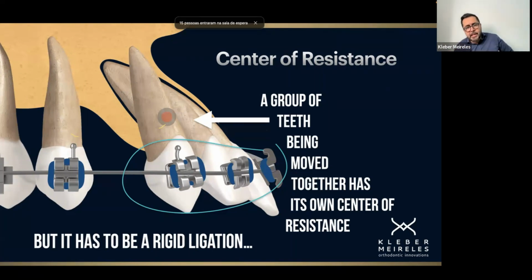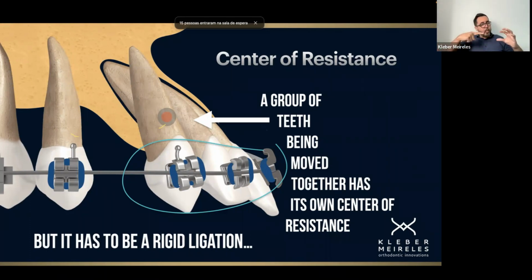No, we can't, because in this case, because of the gap that we have inside the slot, the play that we have inside the slot, the force that we are applying there will make that set of teeth give different movements.